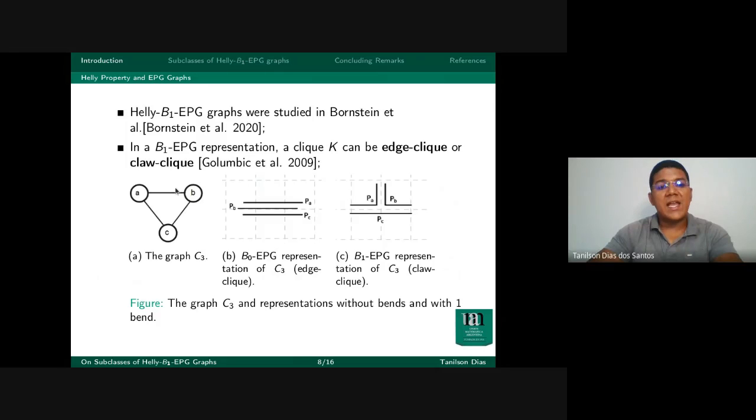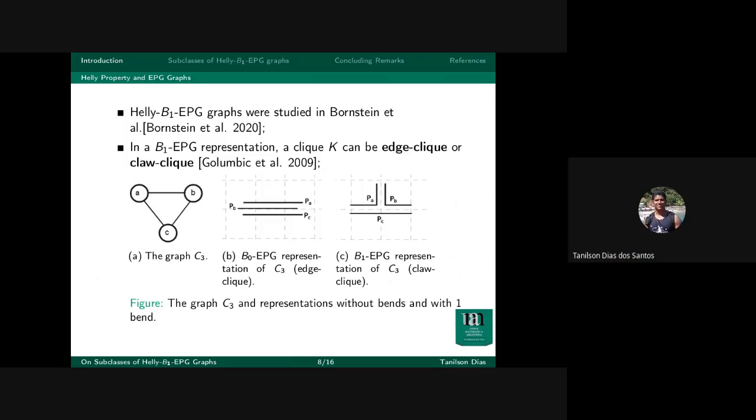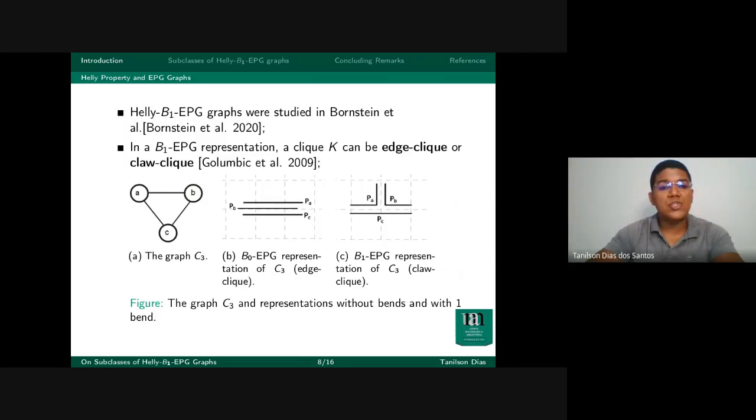Okay, Helly-B1-EPG graphs were studied in Bornstein et al. In particular, Bornstein have studied characteristics of complexity and recognition for Helly-B1-EPG graphs. In other words, Golumbic et al., 2009 have studied B1-EPG representations, and they defined that each clique in a graph in a B1-EPG representation can be an edge clique or a claw clique.